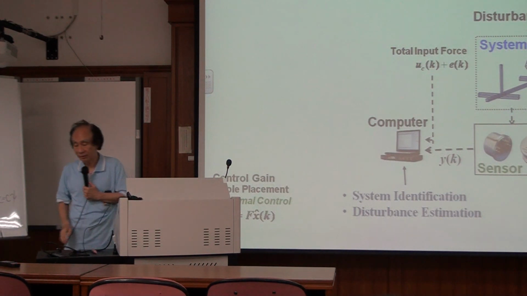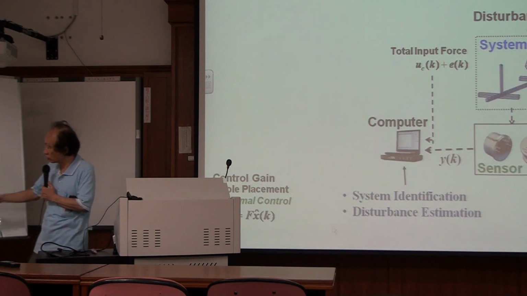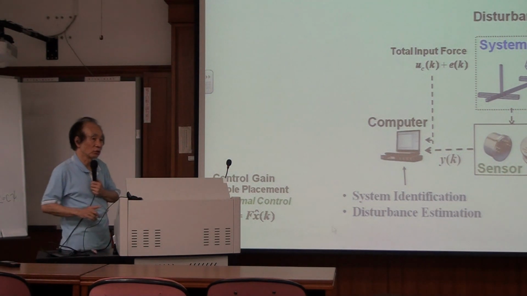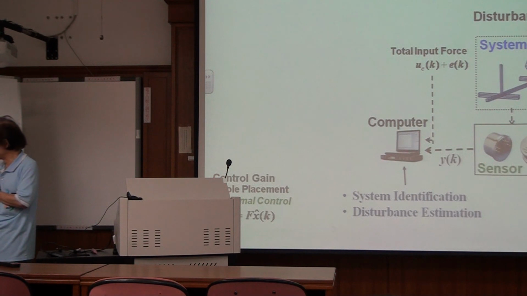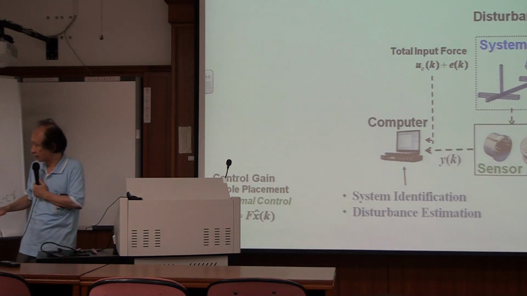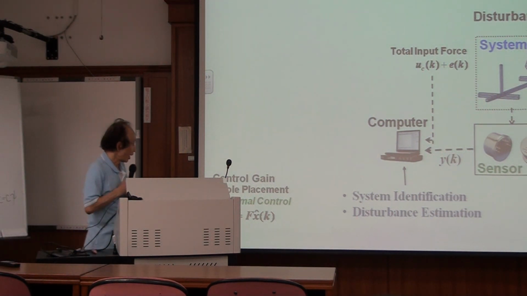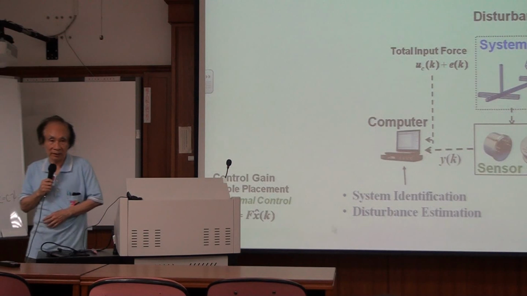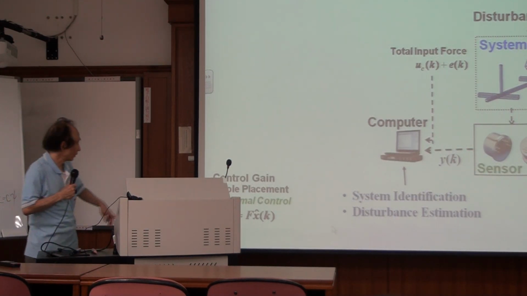Well, in matter of fact, for those methods you can also use the ID model. We call them A hat, B hat, and C hat. That's still good too. You do not have to use the model from the physical coordinates. Instead, you can use the model from the ID. You know that we use u equal to F x hat. The x hat is our observer state. Agree? Our observer state. That's x hat.